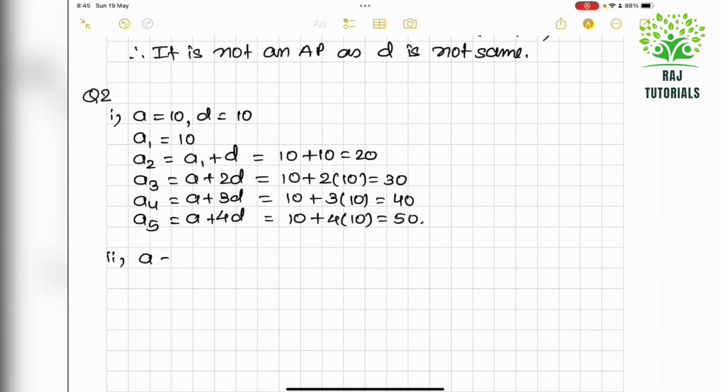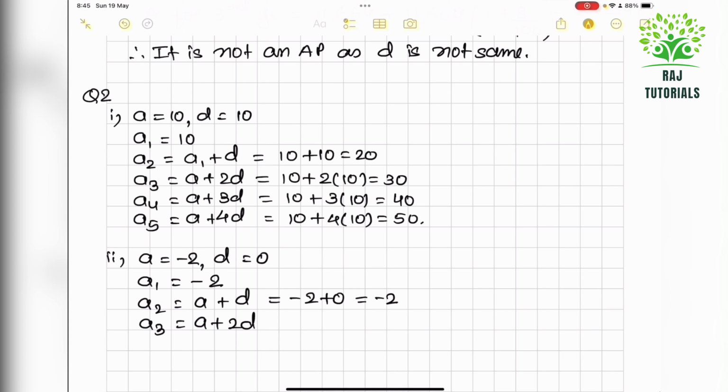Second one is A equal to minus 2, D equal to 0. So A1 will be minus 2, A2 will be A plus D, that is minus 2 plus 0, so minus 2. A3 will be A plus 2D, so that will be minus 2 plus 0, that is minus 2.